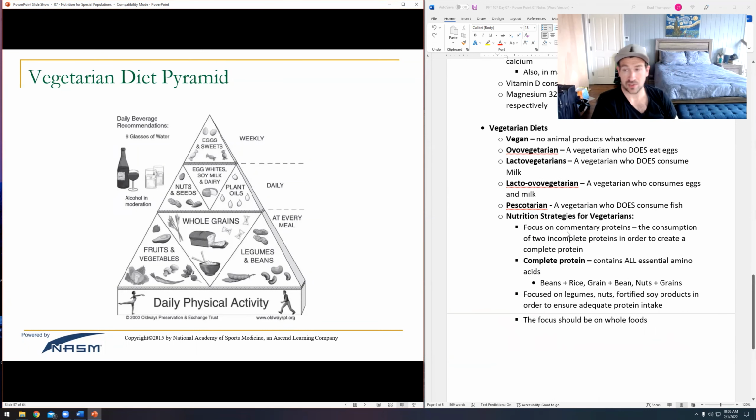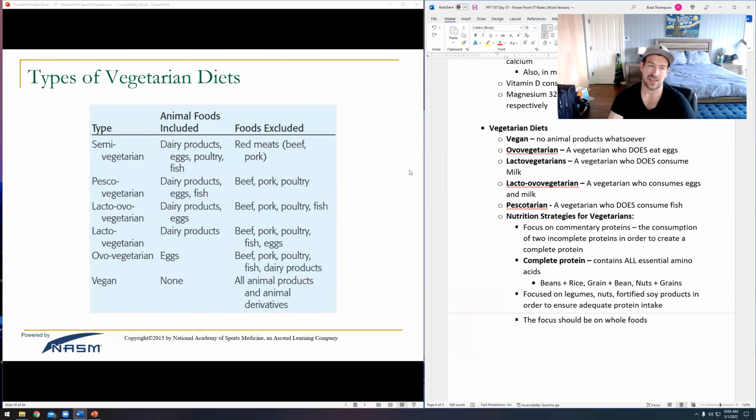And lastly, what if we're working with a client who is a vegan or vegetarian? There are a couple different vegetarian types out there. We'll come back to this. But we can see semi-vegetarian, that's usually somebody who just doesn't eat red meat. They engage in everything else, but just not that. They're not necessarily a vegetarian because they're still eating chicken and things like that, but there's sort of a version of it, right? There's what's called an ovo-vegetarian.